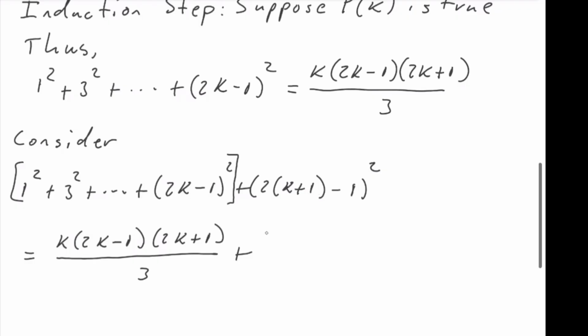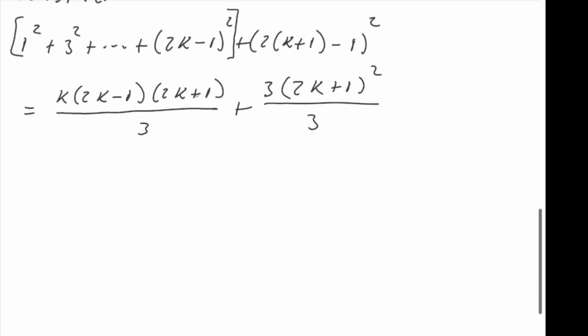That's going to be, I'll find a common denominator of 3, so 3 times 2k plus 2 minus 1, so plus 1 squared over 3. Now I can see I have a factor of 2k plus 1 in both of these. So I'm going to factor out that 2k plus 1.